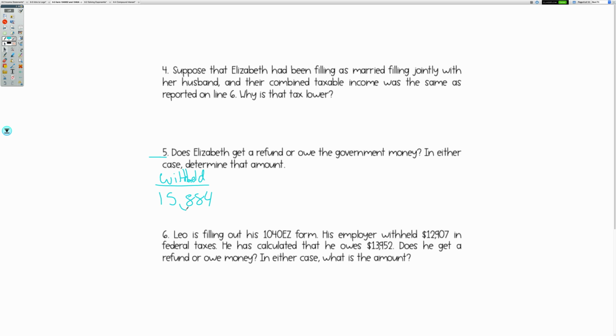And now her taxes due that we just calculated was 14,000 something. 14,363. So looking at this, this is how much they've withheld so far for the year, and this is how much she owes. Is she going to get a refund, or does she still owe the government? She's going to get a refund.